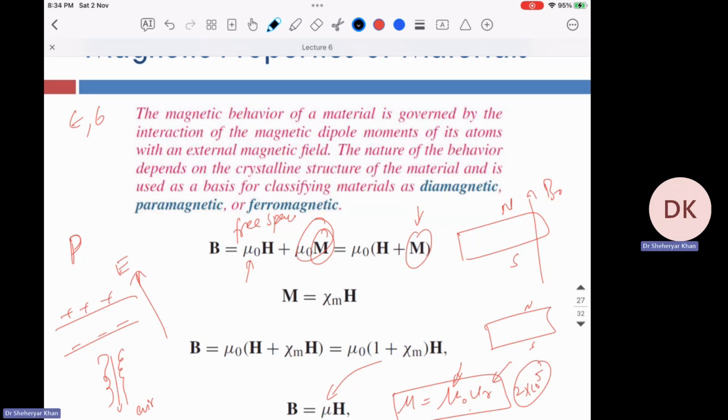Because there are certain materials that actually facilitate the magnetic flux, right? Due to their internal construction, their internal dipoles, when they are placed inside a magnetic field, they also have their internal magnetic field. So when they are placed inside the external magnetic field, they become magnets.